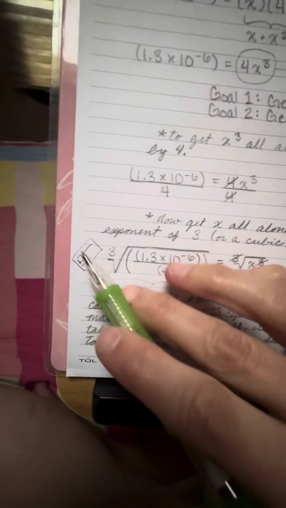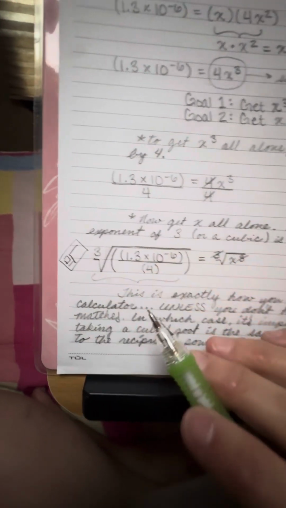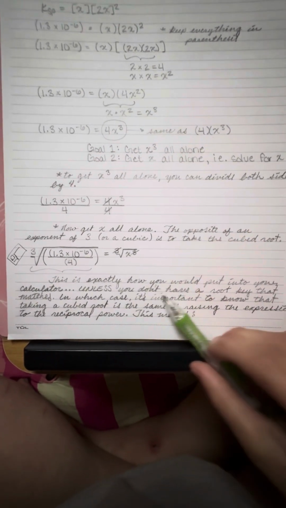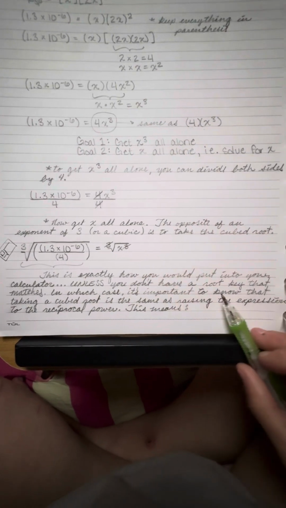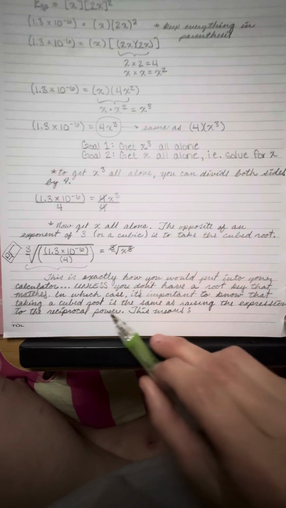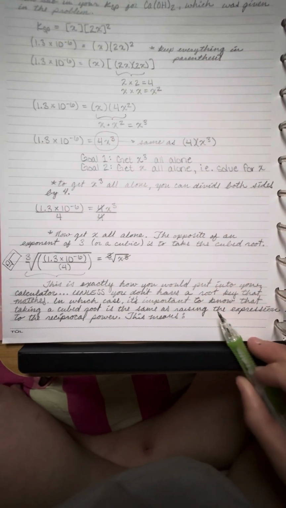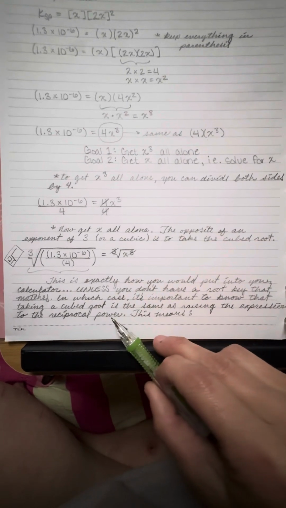Okay, if you don't have that or you don't know how to use it on your calculator, there's something you need to know, okay? Unless you don't have a root key that matches, it's important to know that taking a cubed root is the same as raising the expression to the reciprocal power.